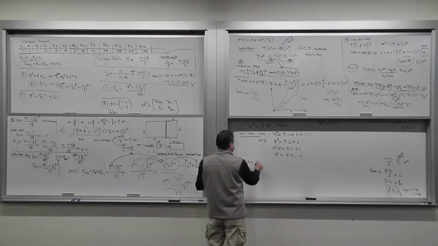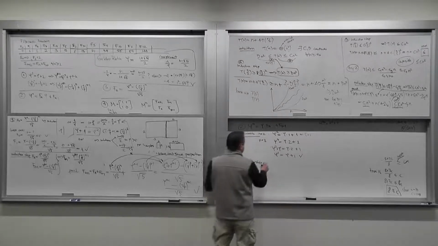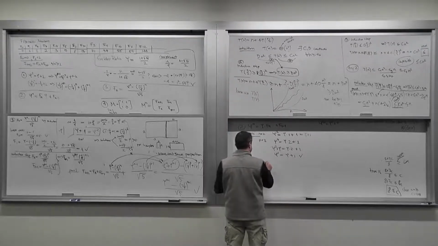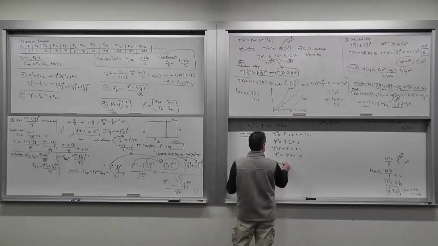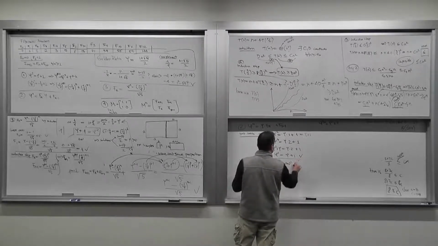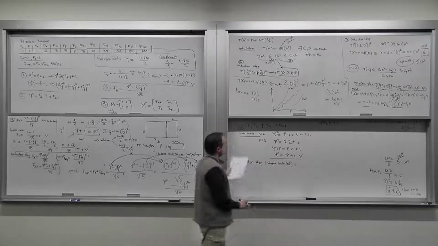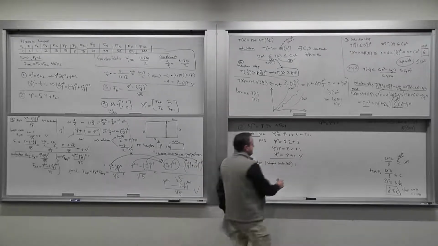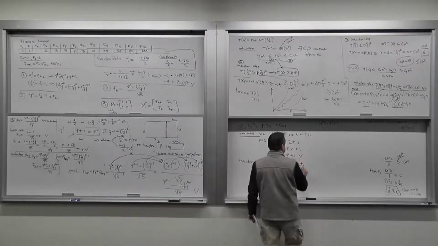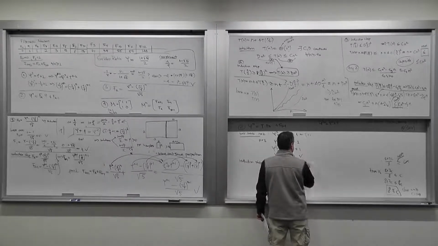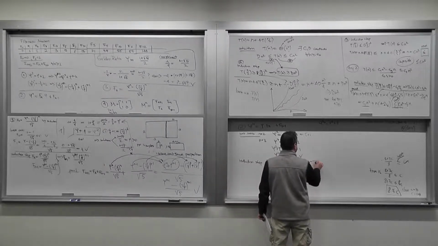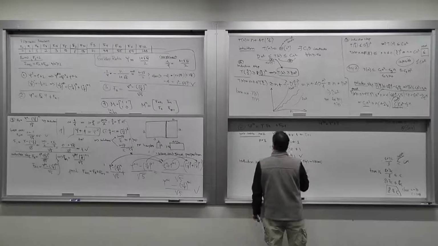About the induction step. That's a simple induction, I think. What the induction step needs to say: if phi n, so that is p of n, implies p of n plus 1. What does this mean?